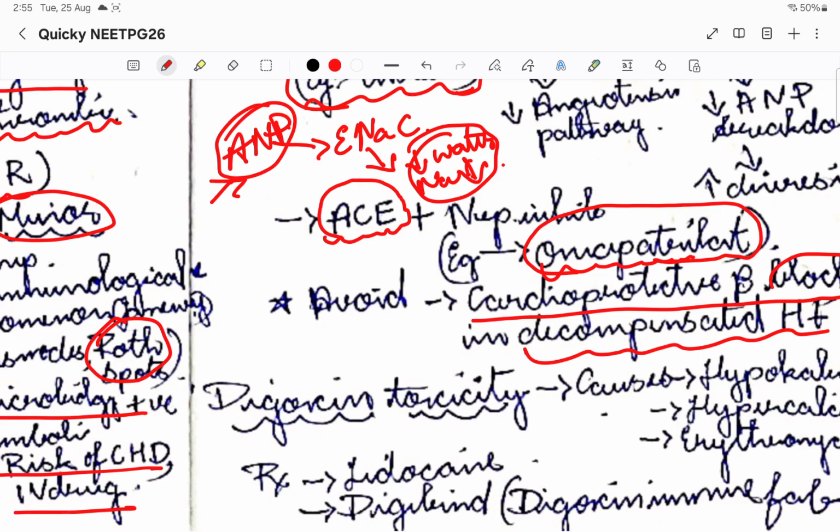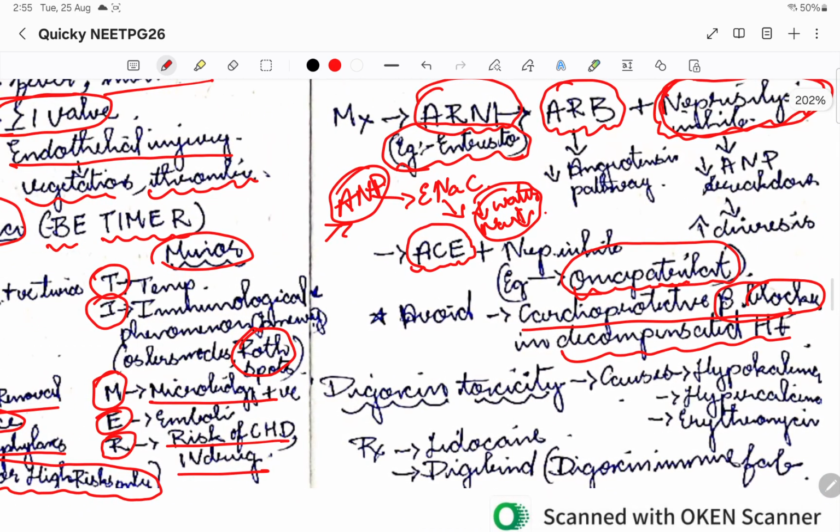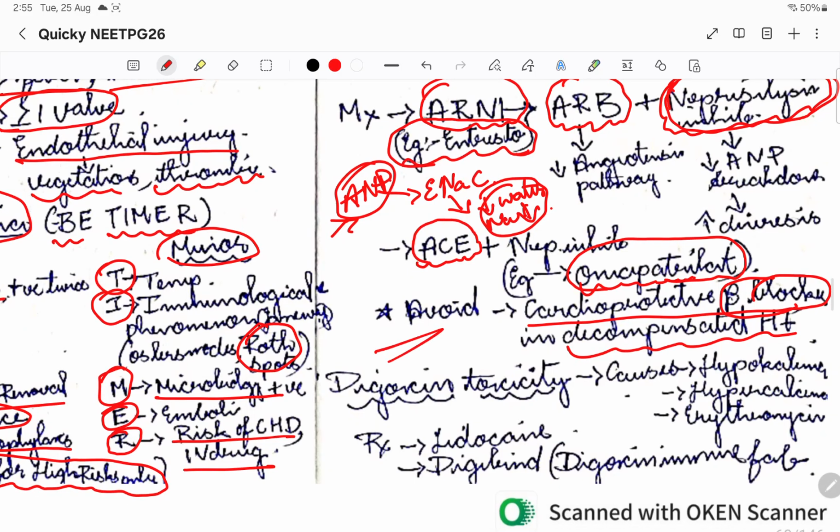So that is why, although I am giving all the antihypertensives, we have to stop giving beta blockers in decompensated heart failure. Please remember this point. There might be a question from this, and you might think, anyway, beta blocker is in the options, so let me go for beta blocker as the antihypertensive. So please avoid beta blockers. There might be an exception to this.